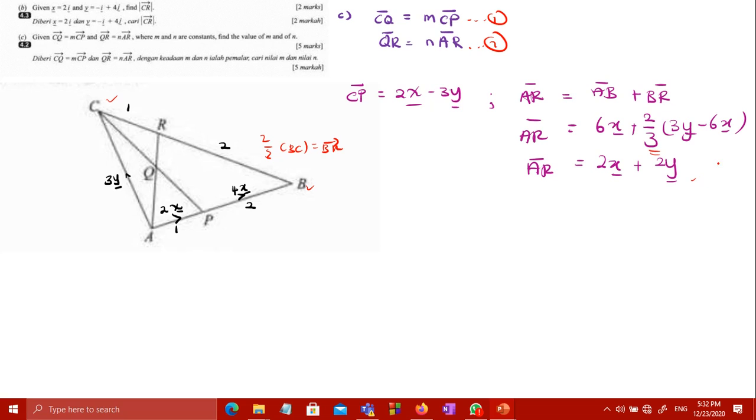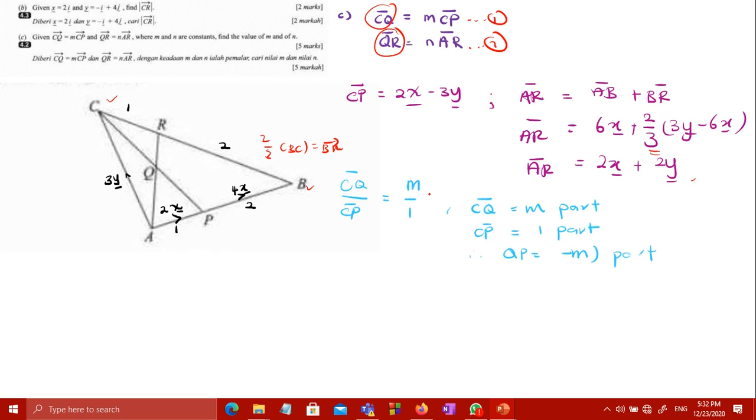Okay? But we do not have this information. But it's okay. From equation 1, I know I can bring this CP to the left hand side and left us with m over 1. What does it mean? It means that CQ is the m part and the CP is the whole thing, which is 1 part.